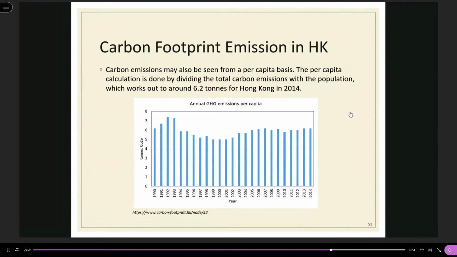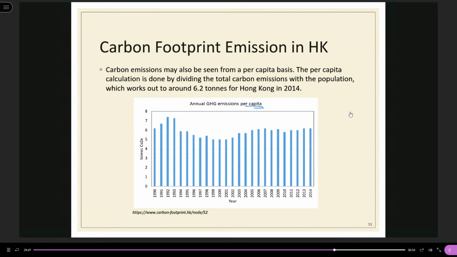This figure shows the annual greenhouse gas emission per person. The per capita calculation is done by dividing the total carbon emissions by the population, which works out to be around 6.2.